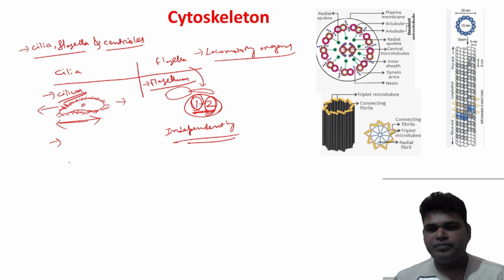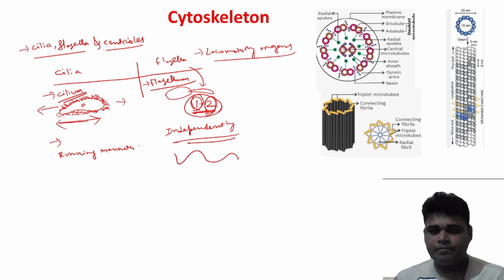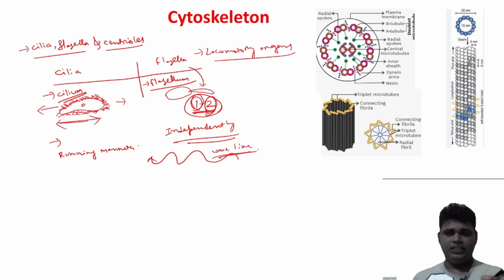The cilia move in a running manner. Running manner means all run like this, but the flagella move in a wave-like manner. So this is the main difference between the cilia and the flagella.